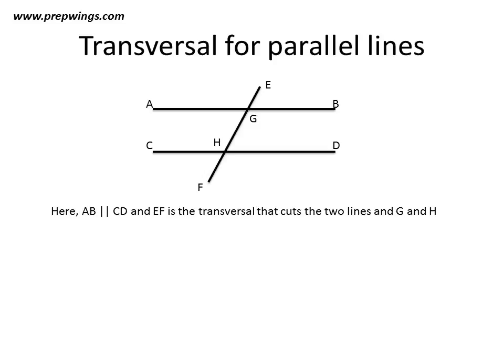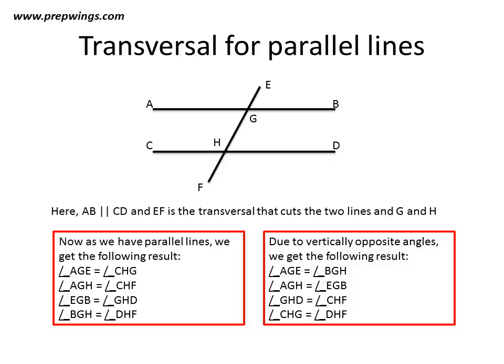Now we will look at transversal for parallel lines. So parallel lines AB and CD are shown here and a transversal EF cuts through them, at points G and H. So if you look at the angles created over here, angle EGA is same as angle GHC, okay, because AB and CD are parallel lines.